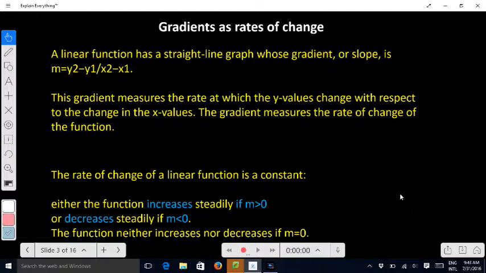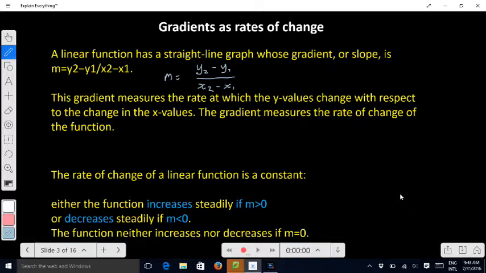Gradients as rate of change. So we've had a look at linear functions, so a straight line graph whose gradient or slope we can calculate by m equals y2 take y1 over x2 take x1.